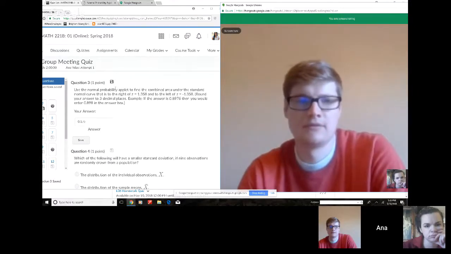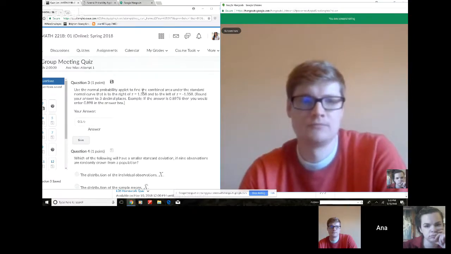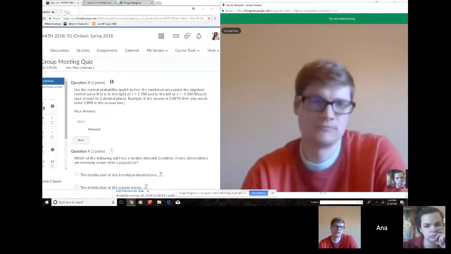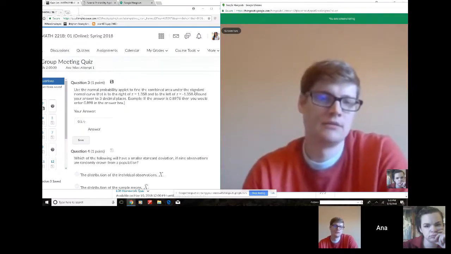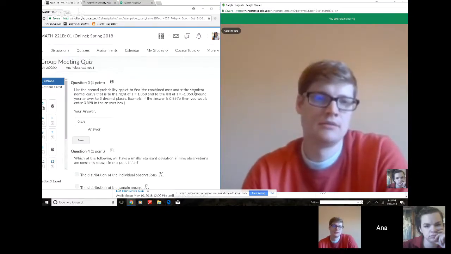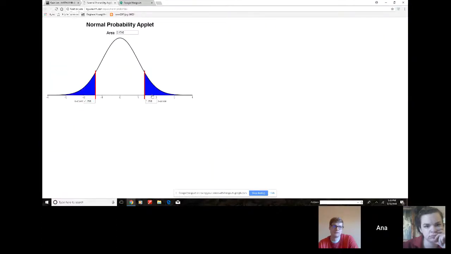Okay, so question 3 says use the normal probability applet to find the combined area under the standard normal curve that is to the right and to the left, and then it gives you the number. Answer to 3 decimal places. So I went to here, and it says to the right and to the left, and then I put the number they gave us.